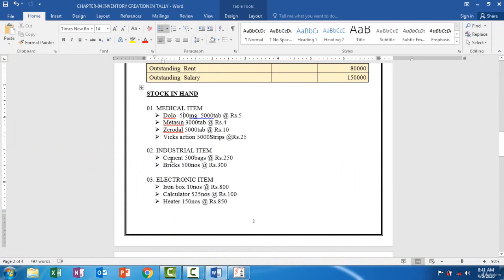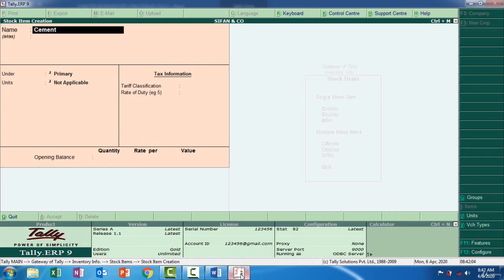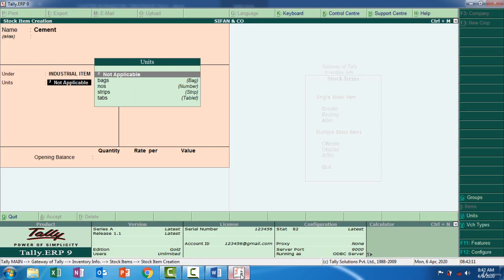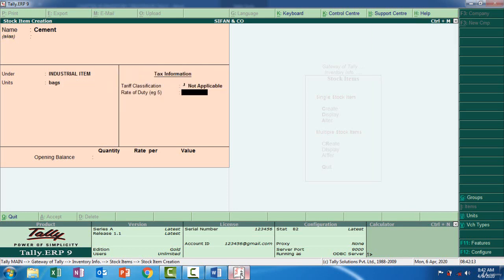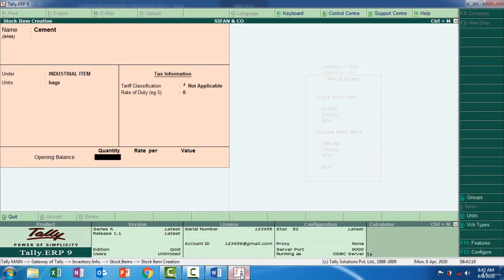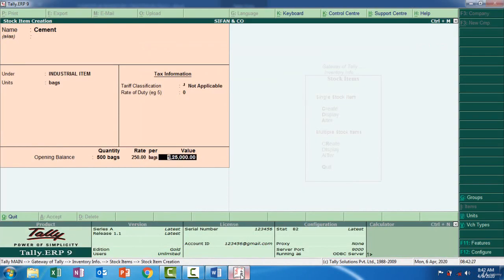Under the industrial item we are going to enter the stock item cement. It is coming under the industrial item, and cement is measured by the bags. The quantity is 500, each 250, amount 125,000, then yes.